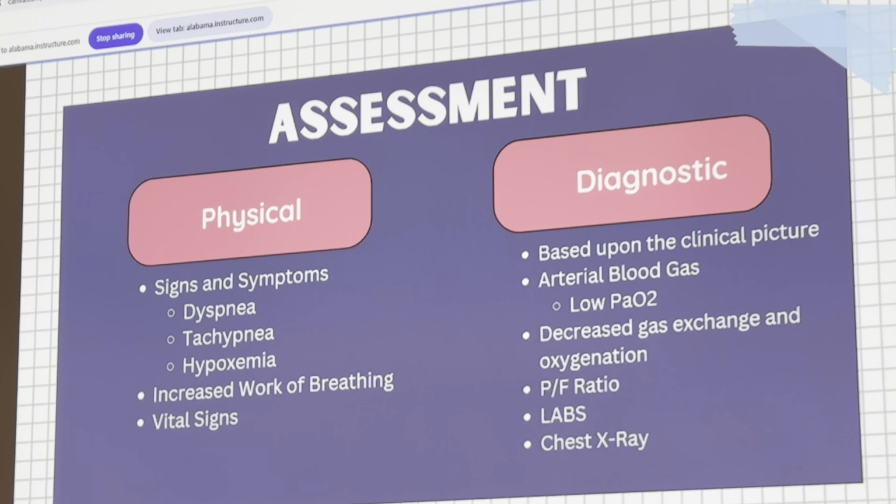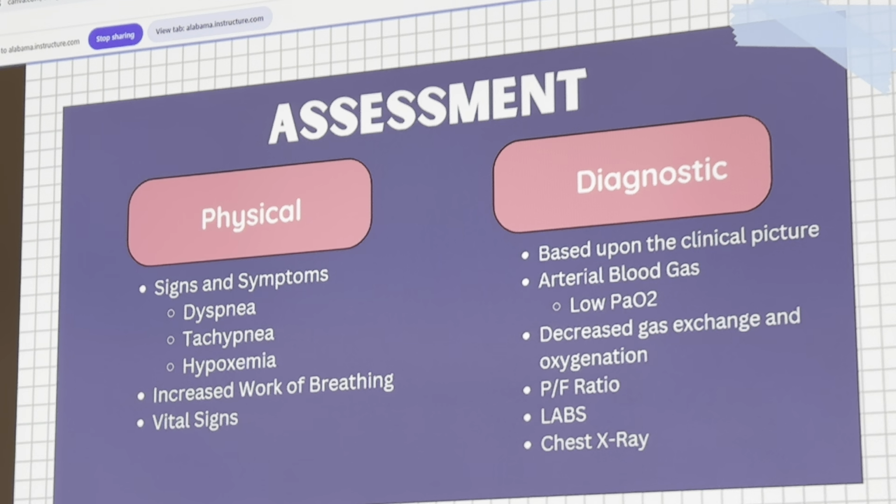And we're going to see that reflected on our arterial blood gas. So that's going to indicate that hypoxemia on this other side. Our normal is 80 to 100 on your PaO2, so you're going to have that even further down. That decreased gas exchange, so we're definitely going to be in some type of respiratory acidosis more than likely.